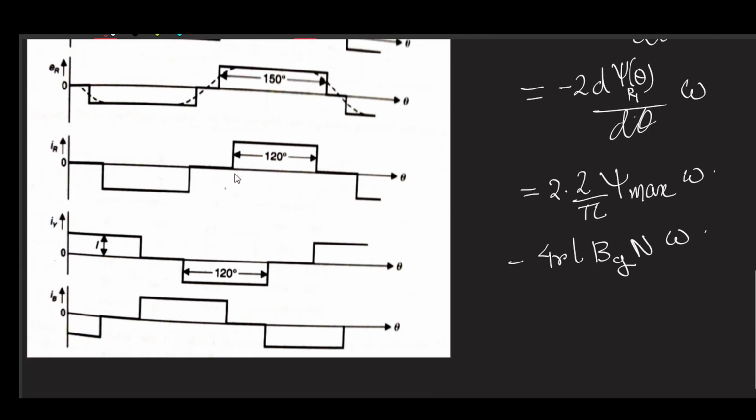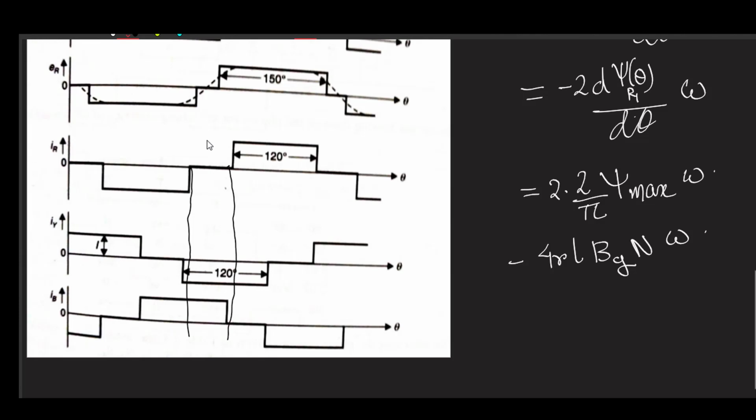Like here, in this zone, you can see it is only IY and IB conducting, but IR was 0.